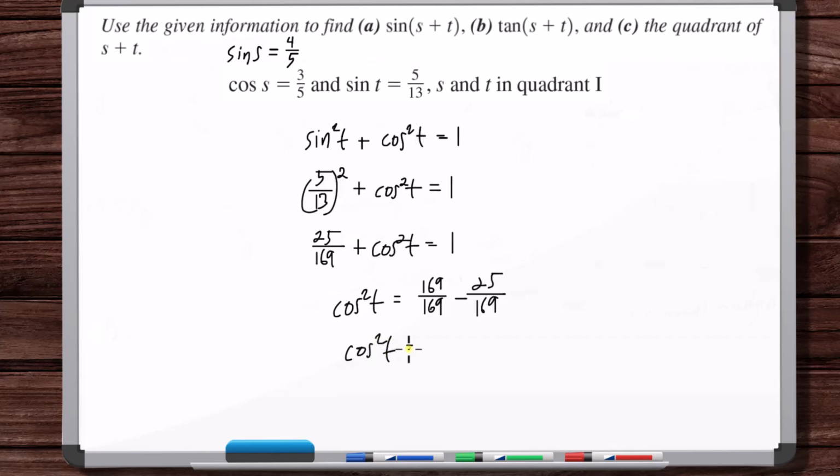So cosine squared of t is 169 over 169 minus 25 over 169, which is 144 over 169. Take the square root of both sides, so plus or minus 12 over 13. But t is in quadrant 1, so this is positive.